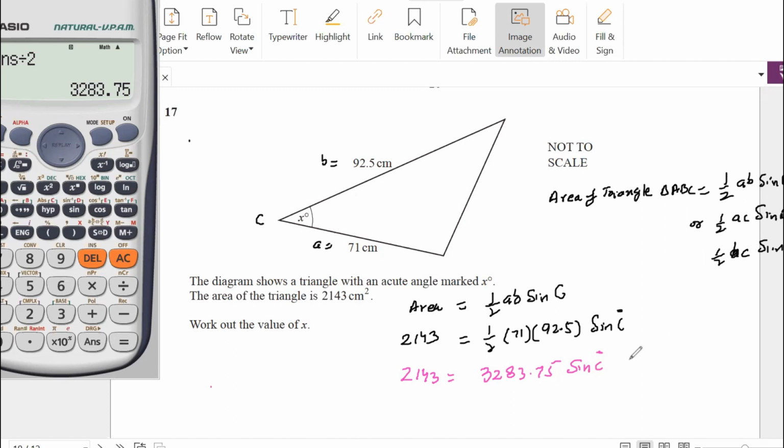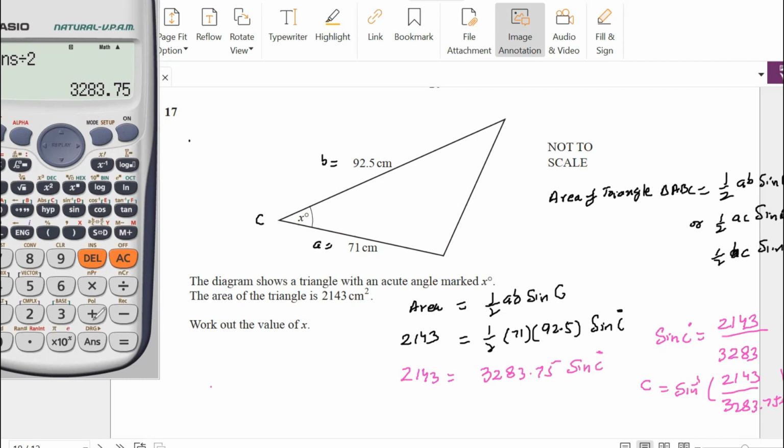Remember that sine C is equal to 2143 over 3283.75. C is the angle we are looking for, so sine inverse of 2143 over 3283.75.